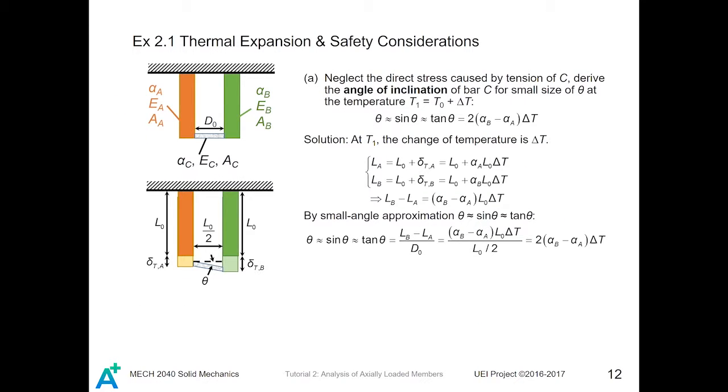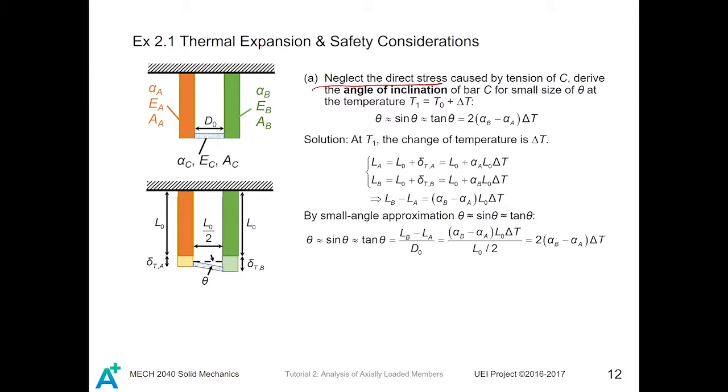Starting from problem 1, firstly we will find the lengths of A and B by using the change of length formula under the axial strain. For this part, we are going to neglect the direct stress caused by tension of C, so I assume there is no direct stress acting on the tips of A and B, and we have to derive the angle of inclination of this bar.